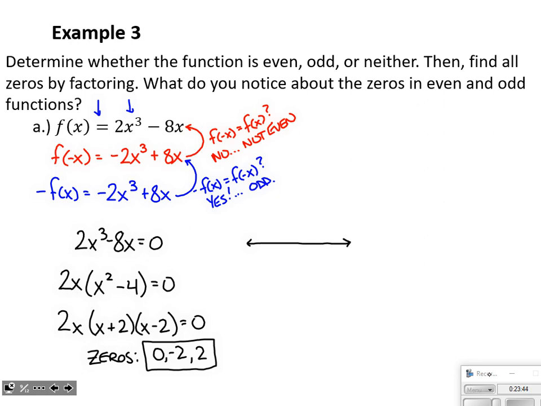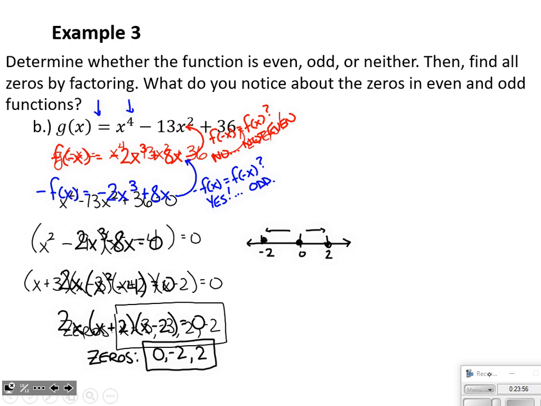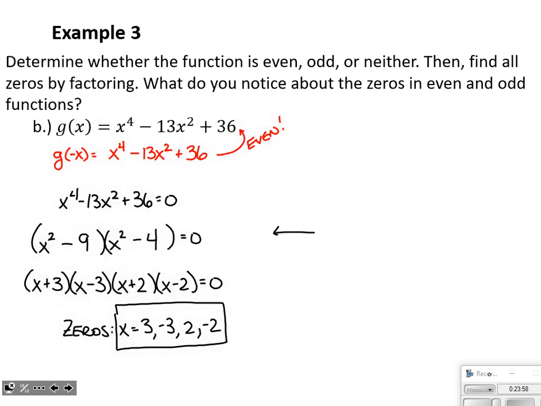Those show symmetry through the origin. Likewise, in the second example, we had negative 3, negative 2, positive 3, positive 2. Those solutions are symmetrical just like the graphs would be.